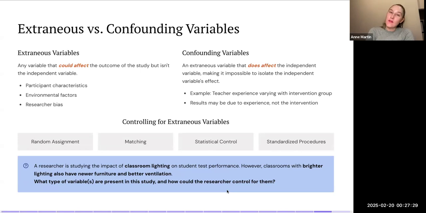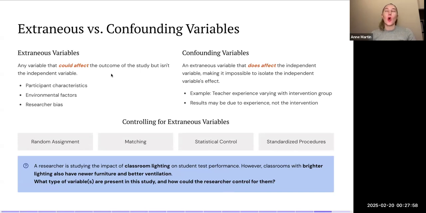How does the independent variable affect the dependent variable? But an extraneous variable is anything other than that that is affecting it. For instance, participant characteristics, something about the participants, environmental factor, or even researcher bias that was affecting it. And then a confounding variable is when that extraneous variable actually does affect the independent variable, which makes it impossible to isolate what the exact effect is.